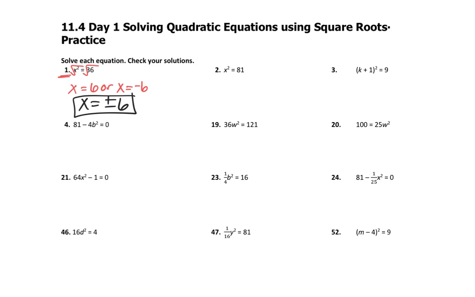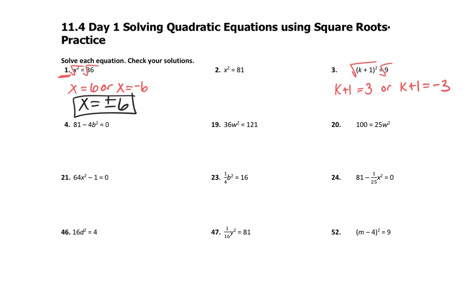We add another layer when we go to one like number 3, where you have k plus 1 squared equals 9. And we've got to start by taking the square root of both sides. And then we have k plus 1 equals the square root of 9. And again, remember, the square root of 9 could be 3 or negative 3. And so I'm going to say k plus 1 equals 3, or k plus 1 equals negative 3.